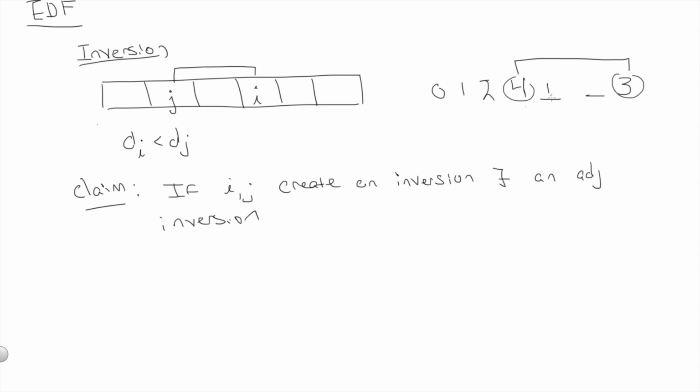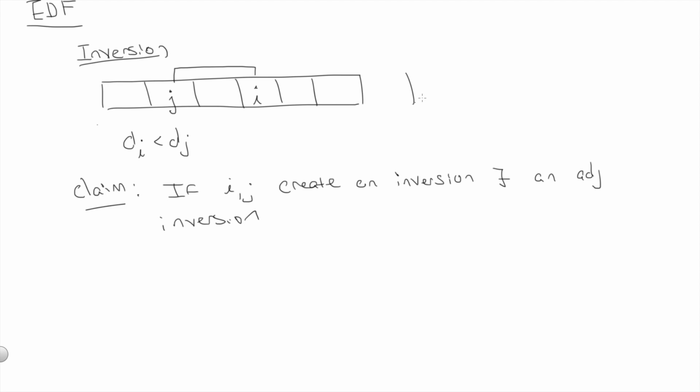And finally, if you had a 1 here, there would be an inversion here from 4 to 1. Because if it keeps on going up, and then later on it's going to go down, at some point it has to jump from going up to going down. So wherever that point is, that's going to be an adjacent inversion. So we're saying that that definitely exists. If there's an inversion, there has to be an adjacent one.